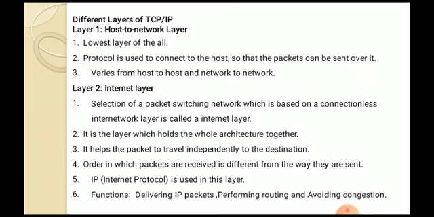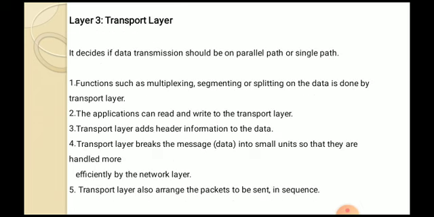Packets may be received in a different order from the way they were sent. Internet protocol is used in this layer. The function of this internet layer is delivering IP packets, performing routing, and avoiding congestion.